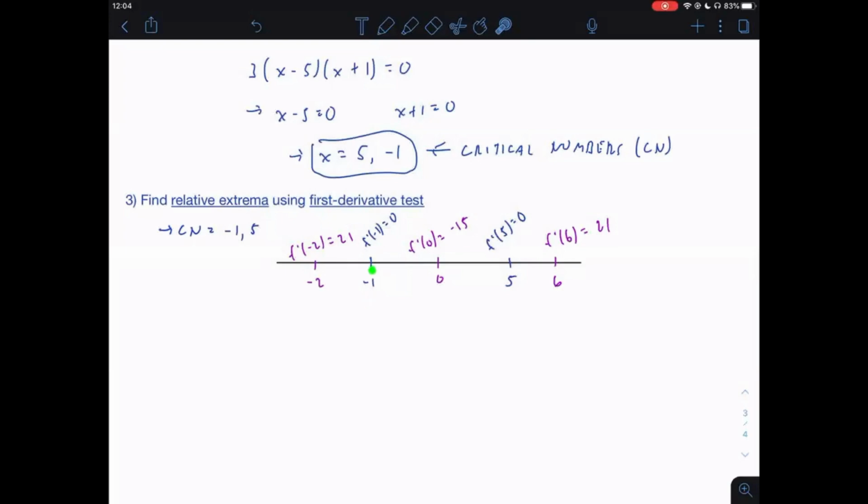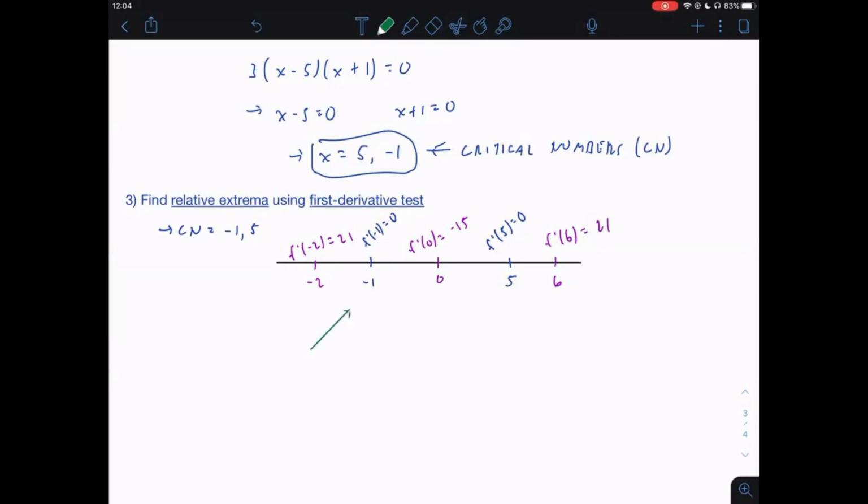Before this first critical number, since we got a positive value when we evaluated negative 2 using our first derivative, that means before this critical number our function was increasing. So it had a positive slope.